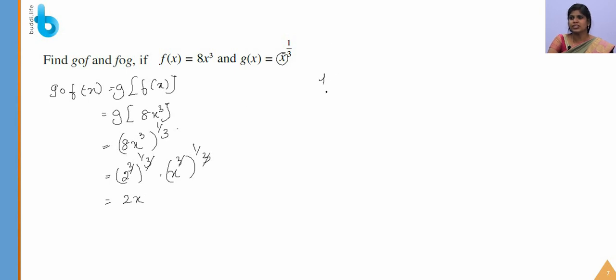On the other hand, we need to find f composite g also. So f of g of x. f(g(x)) is equal to f of g of x. Okay, so first substitute g(x) as x to the power 1/3. Now for f(x), my x value will be x raised to the power 1/3.